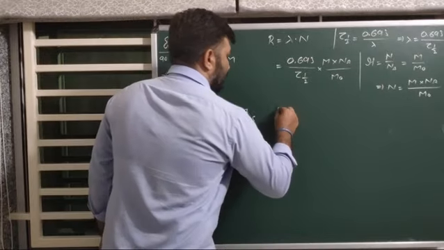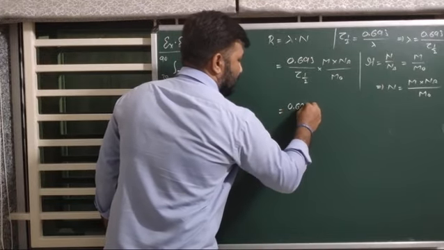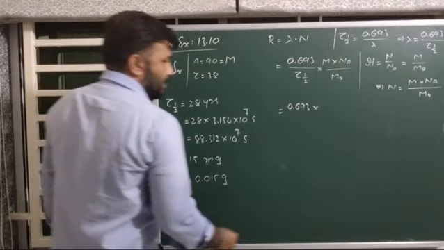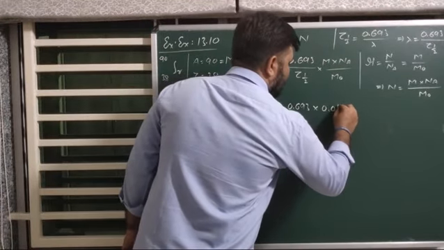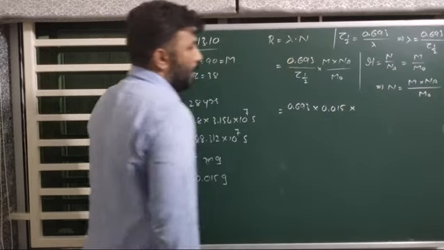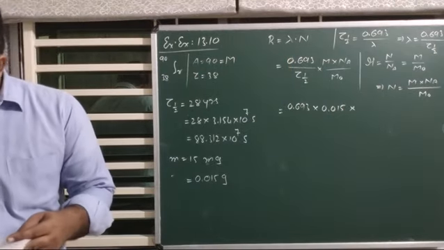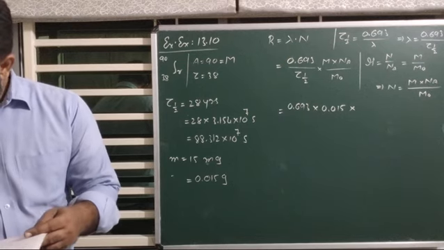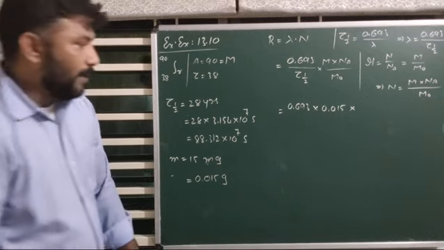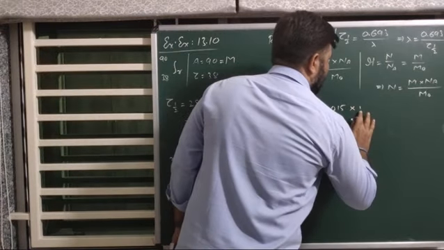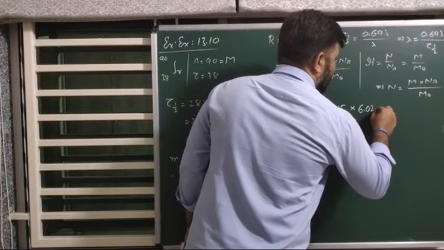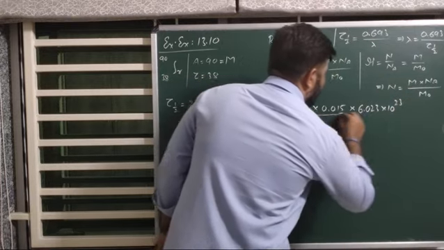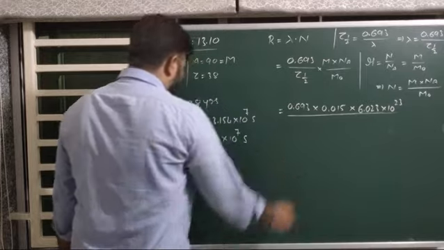Place the values and get the answer. R is equal to 0.693 multiplied by m, that is 0.015, multiplied by the Avogadro number, that is 6.023 multiplied by 10 to the 23, divided by tau half.